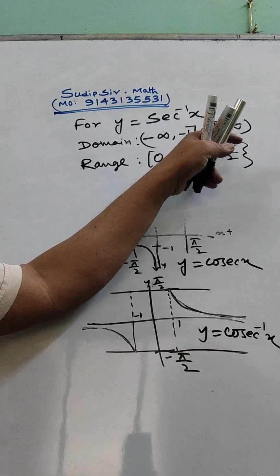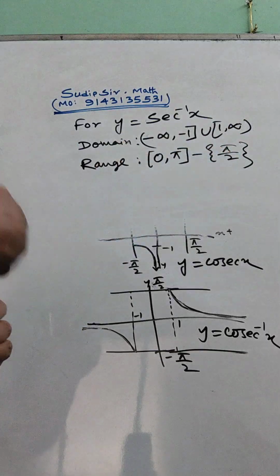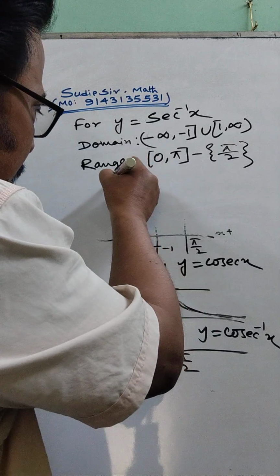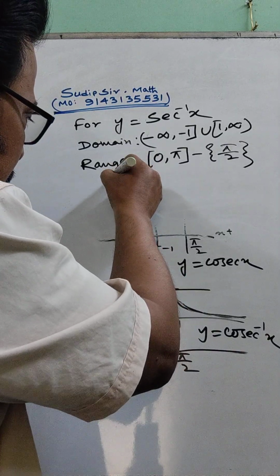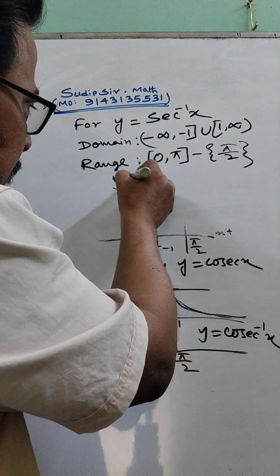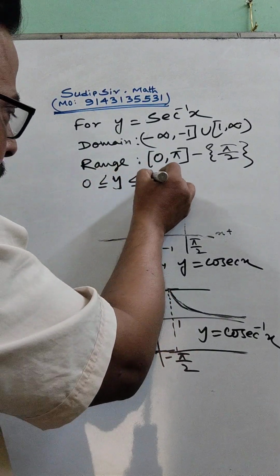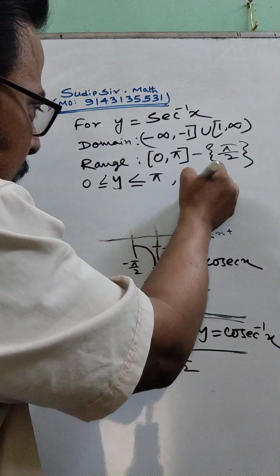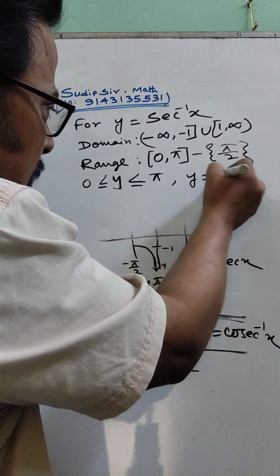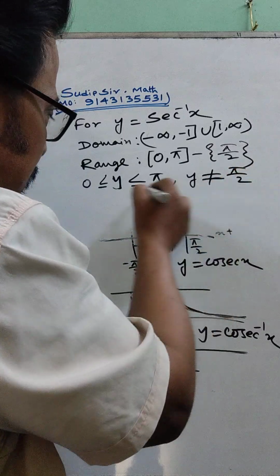Okay. That is, y lies between 0 and pi, comma y not equal to pi by 2.